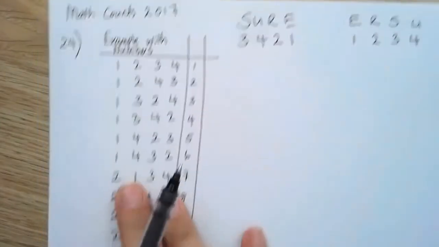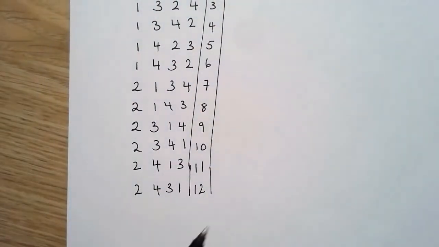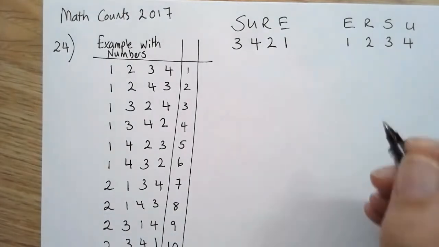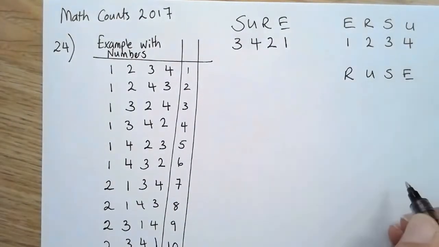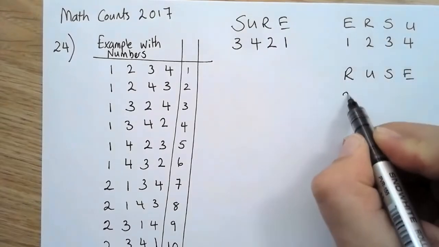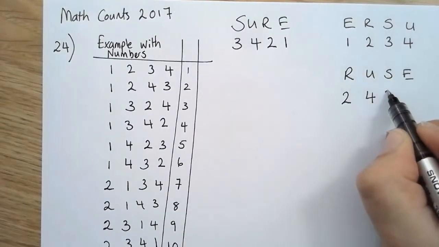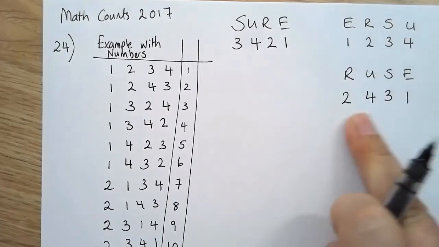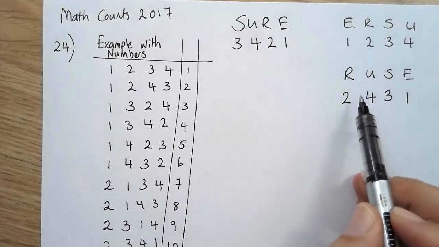Now, if we had a look at these numbers down here, we haven't got a 3. 3, 4, 2, 1 would be way down this column here. What about the one we're asked for, though? R, U, S, E. R is number 2, U is number 4, S is number 3, and E is number 1. So actually what we're looking for is a combination where the letters are in this order.